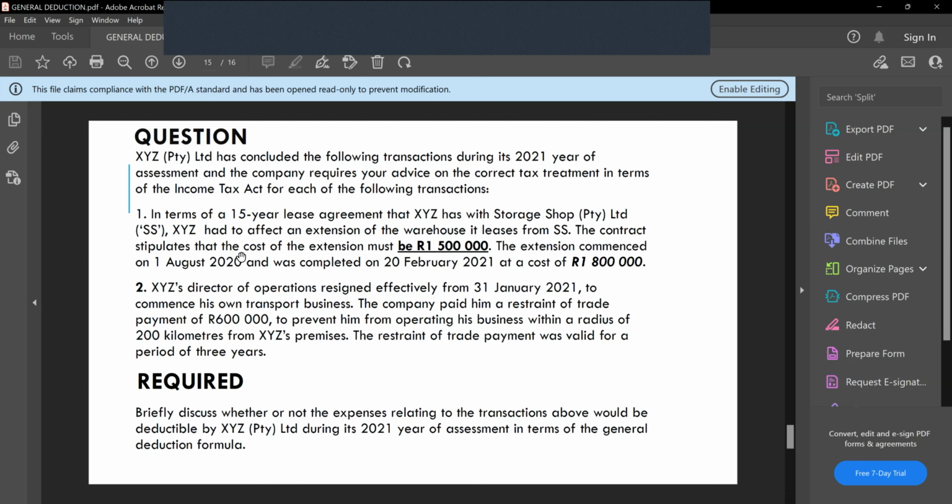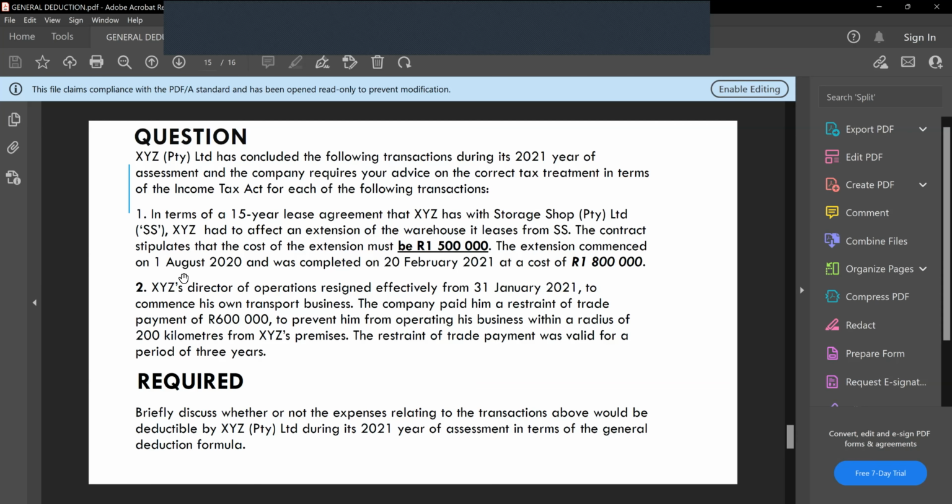The contract stipulates that the cost of the extension must be 1.5 million, and the extension of the warehouse commenced on the 1st of August 2020 and was completed on the 20th of February 2021 at a cost of 1.8 million. So for the purpose of this question, let's assume that the year ends on the 28th of Feb 2021. All right, guys, I hope you're following.